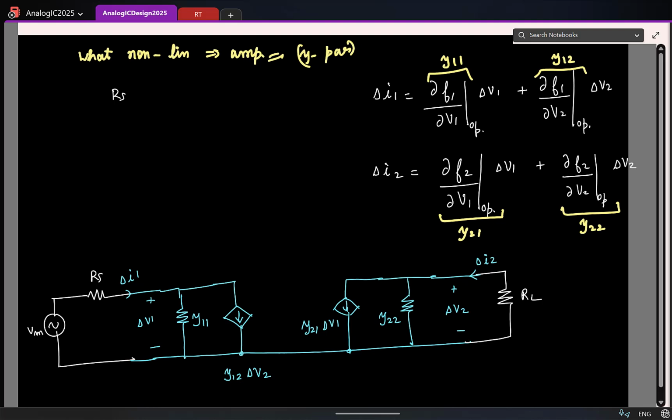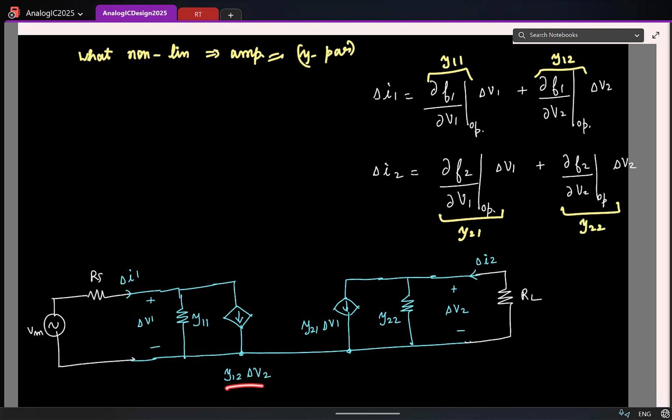I'm just taking this circuit. Now tell me, let's look at this term. What is this current source saying? It is saying how much of the output voltage is impacting the input side. If you want an amplifier, you want conduction from the input to the output, not from the output to the input. So if you want a good amplifier, what should be the ideal value of this?